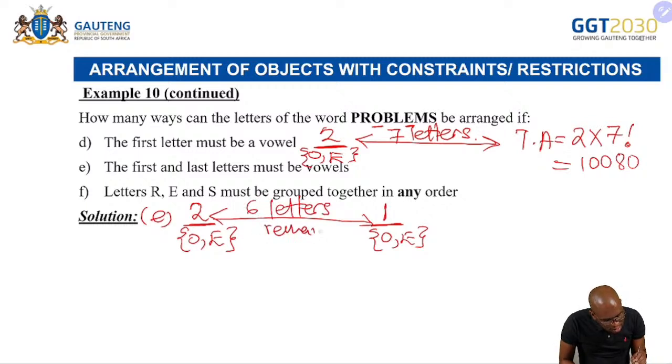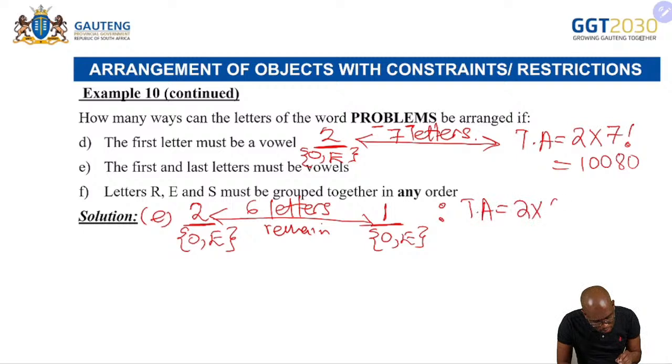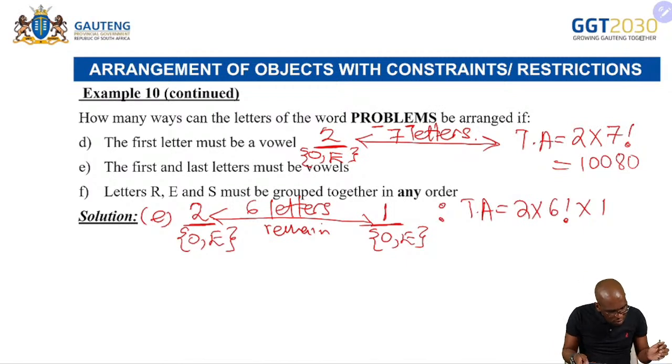So the total arrangement in this case would be given by 2 times 6 factorial times 1.